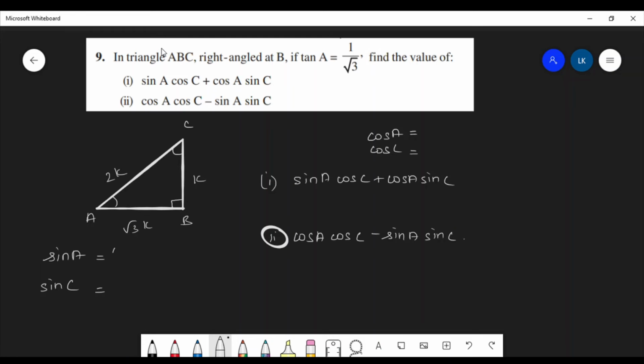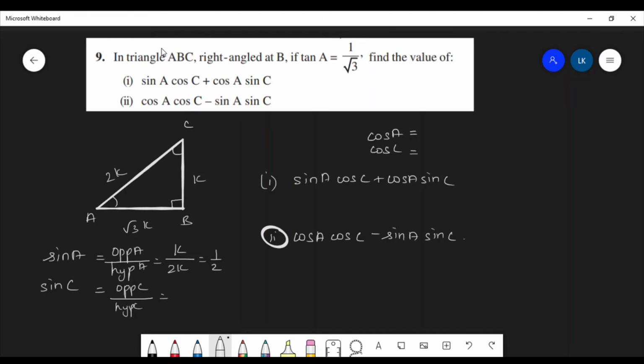What is sin A? Sin A is the opposite side of A by hypotenuse of A, which is K by 2K, therefore it is 1 by 2. Now sin C. What is the opposite side of C and hypotenuse of C?